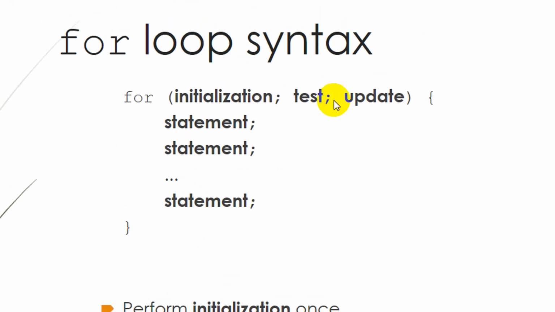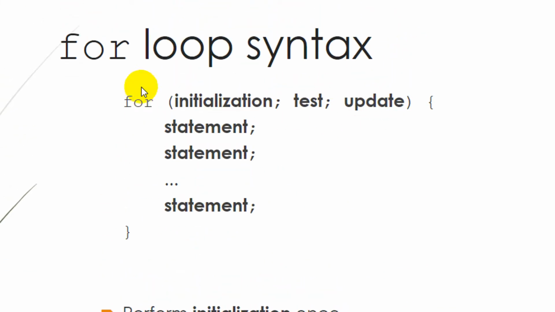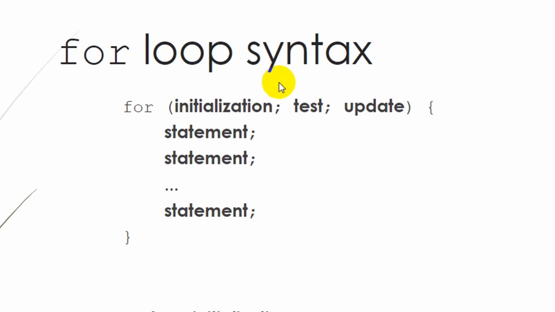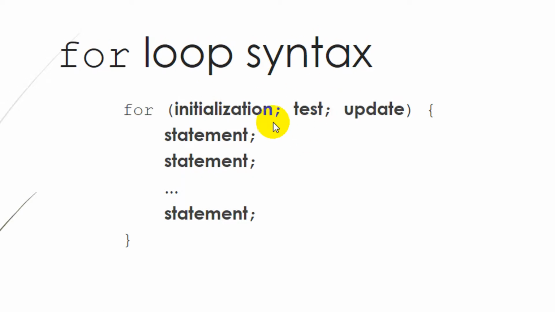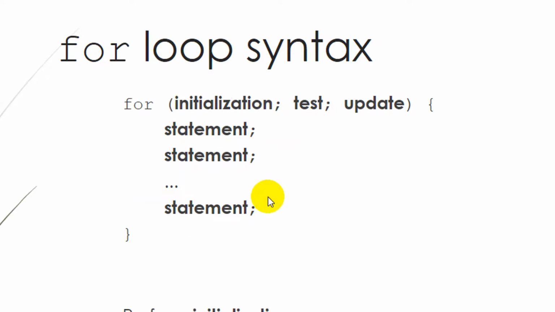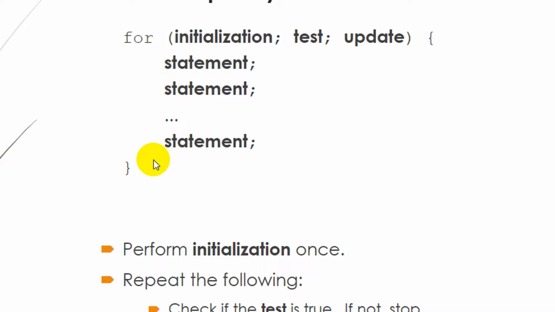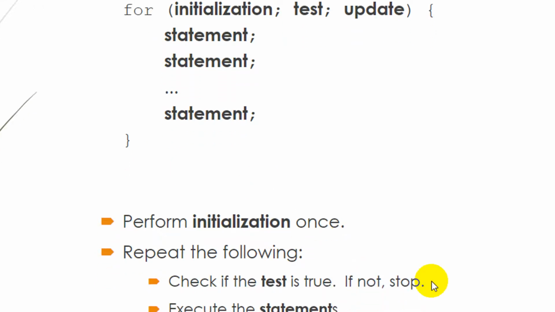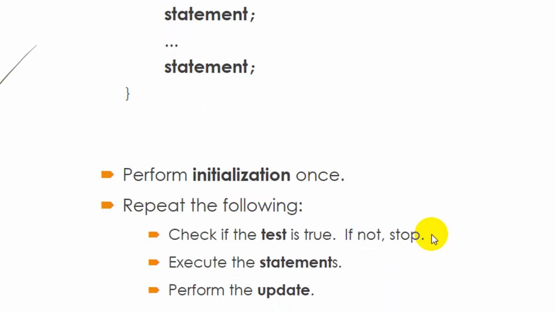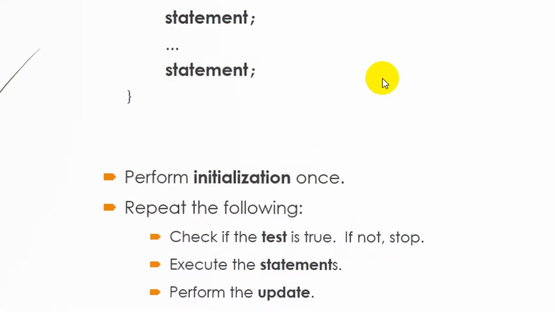So initialize, check the test condition, execute all the statements, and then update the condition. Once you update it, check again if the test is true. If it is still true, continue with the execution. If it is false, you stop the program.